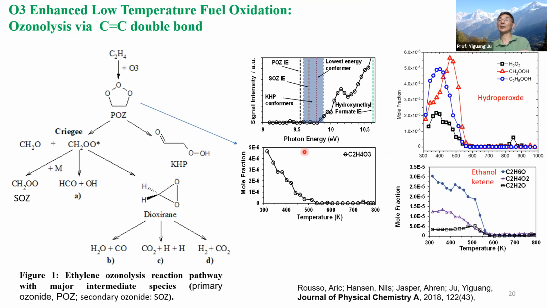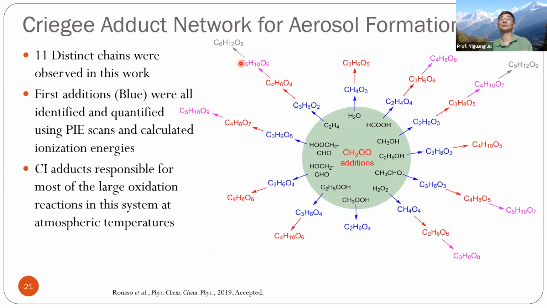At very low temperature, ozone reaction produces a lot of intermediate species, like ethanol, like ketenes, like hydroperoxide species. So this is ethylene, but what about other unsaturated hydrocarbons? Very few experiments are available.